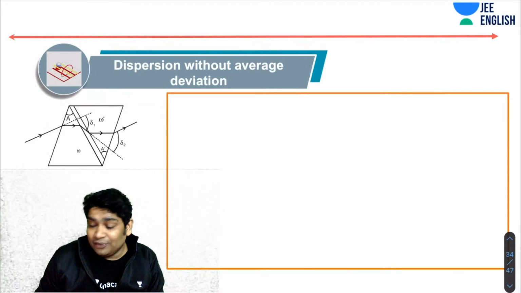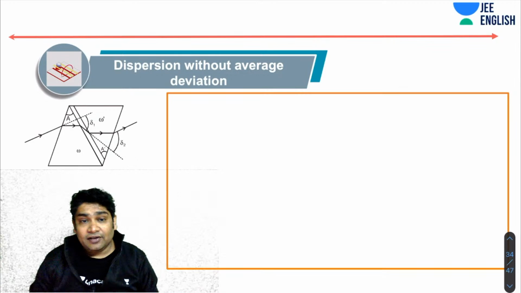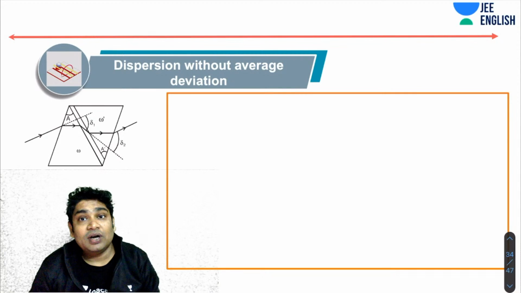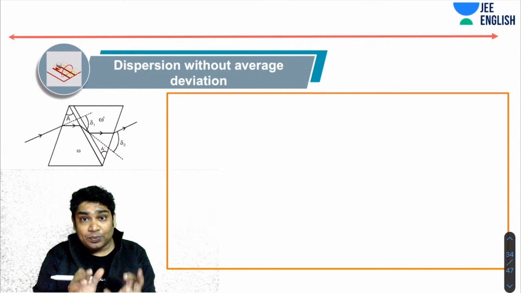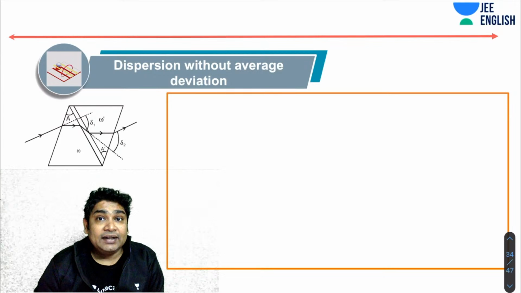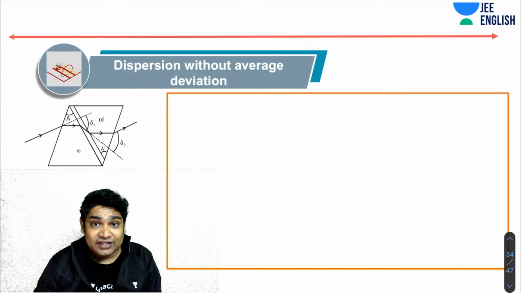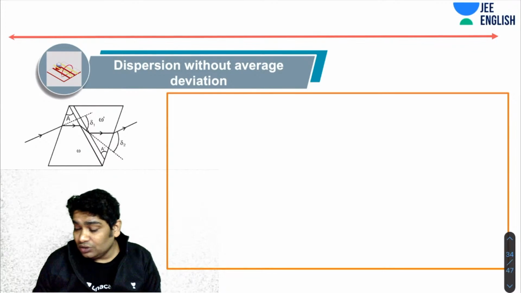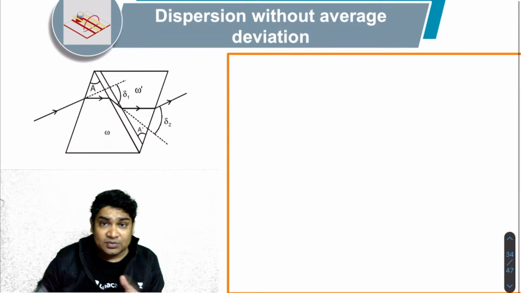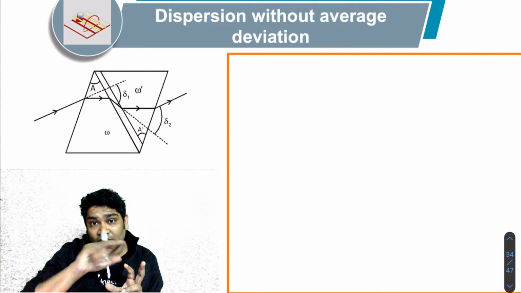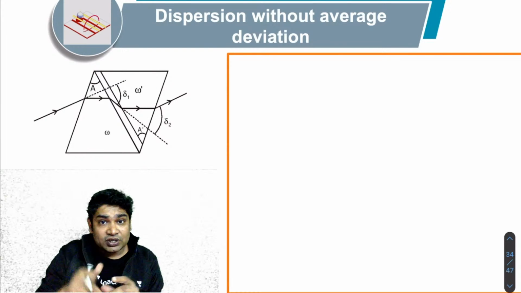All right, moving on. Now, this is another kind of situation that you are usually asked. You have to combine two prisms and find the angle such that there is dispersion without average deviation. So what you do is combine two prisms upside down. One is producing positive deviation, another is producing negative deviation.